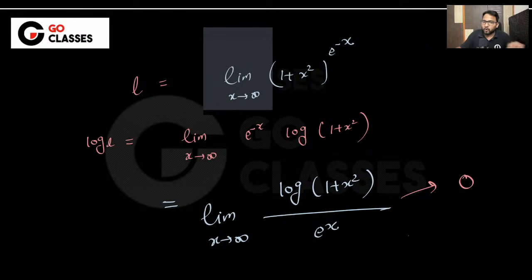See, in case of log, this constant does not matter much. If it is, let's suppose, n power 1 plus n or something, then obviously this constant 1 matters. Why? Because this is n into n power n. This is not just 1, this is basically n.